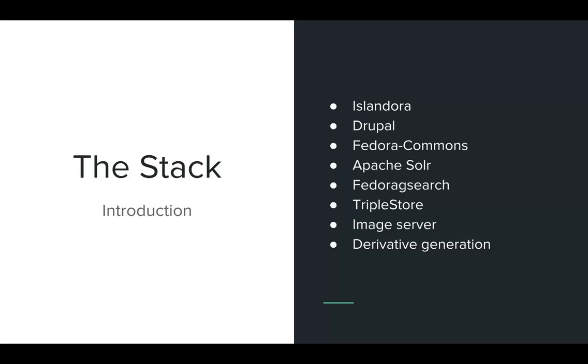It's a Java web application which runs inside of a servlet container, such as Apache Tomcat. Fedora provides APIs, which can be accessed normally over 8080 or 8443 to Islandora. Islandora uses a library called Tuque to interact with it.